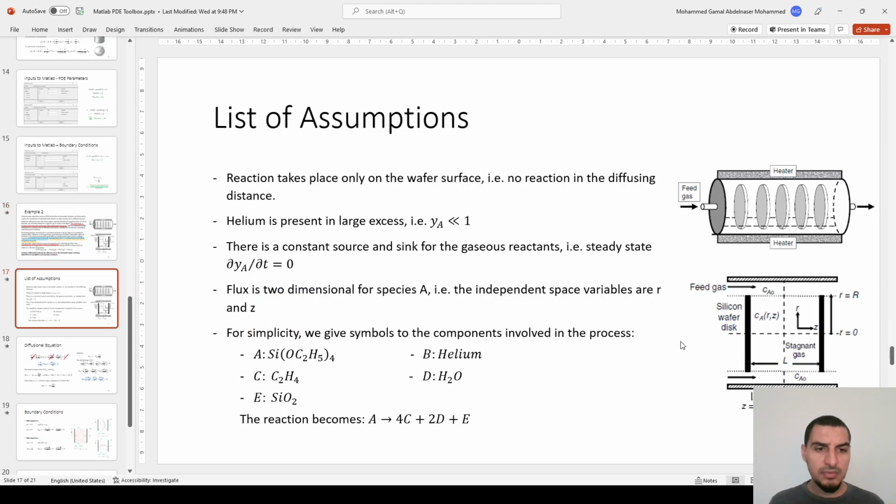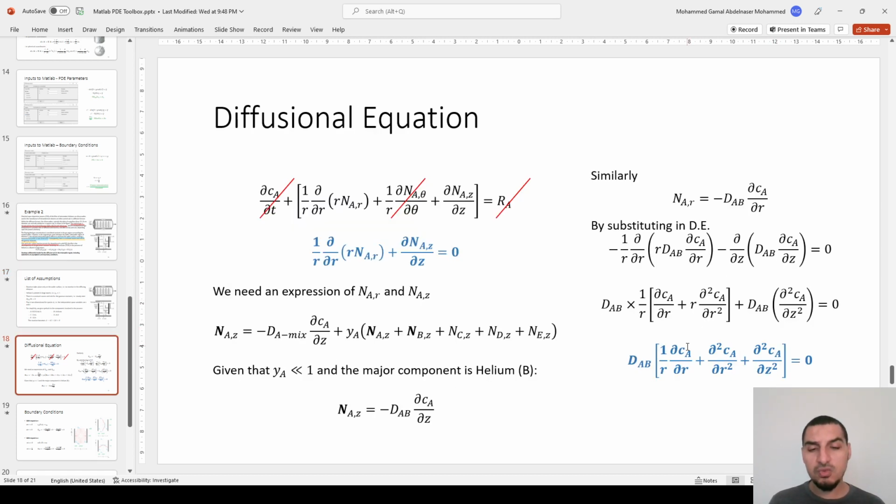These are the assumptions that we had, and just to make the points of interest clear: we have two disks here, and a gas flowing from the top and from the bottom, so the concentration at the top and the bottom is always constant, which is CA node, and the concentration on the surface of the disk is constant as well, which is CA S. And there is a concentration gradient in the radial and in the z direction. So this is in short what the problem is about.